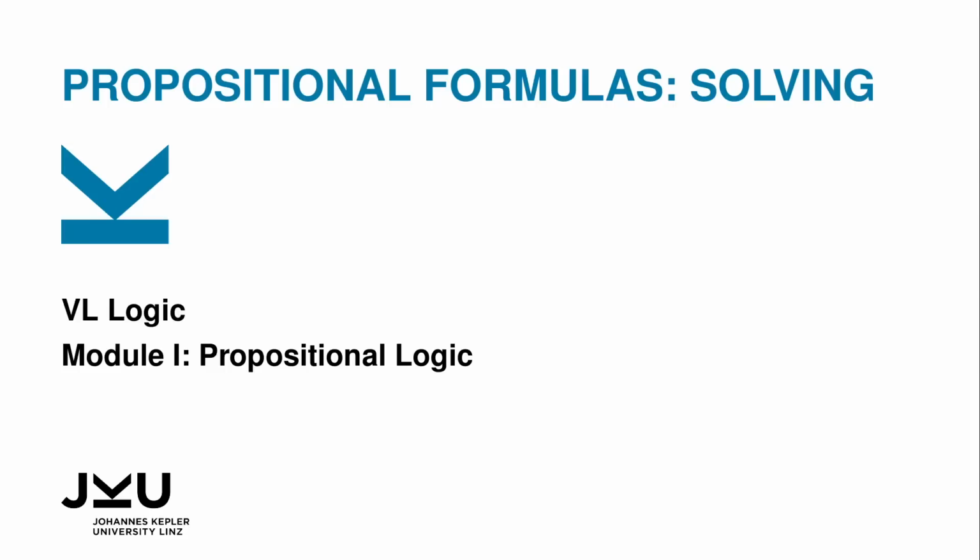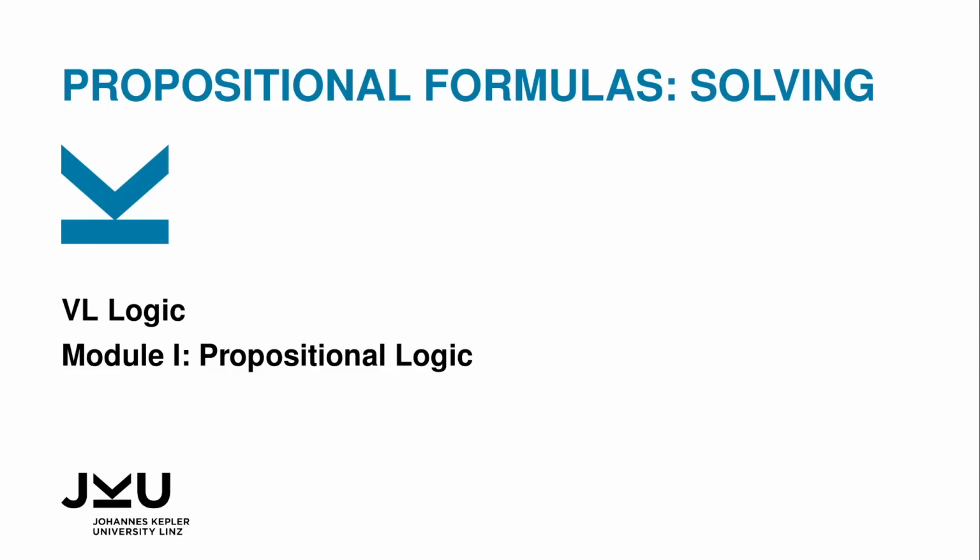Today we will talk about how to decide the satisfiability of propositional formulas and, respectively, other properties like validity or unsatisfiability, which go together. And what we want to do today is not use these rather naive approaches that we have seen before, where we enumerate all possible assignments in order to see if a formula has a satisfying assignment or not.